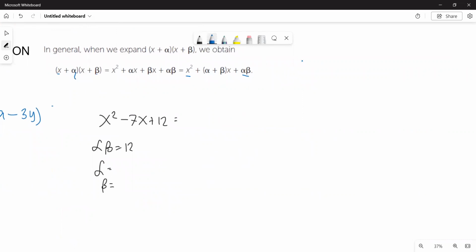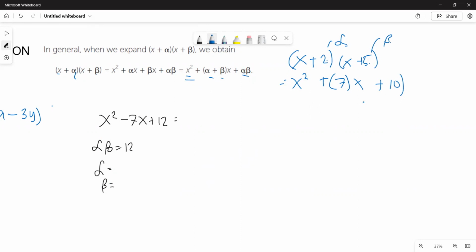Use this formula. You have x squared. This is alpha. This is beta. So you have your alpha plus beta, 2 plus 5 is 7, and then copy x. So you have alpha and beta multiplication, 2 times 5 is 10. So we have the same answer.